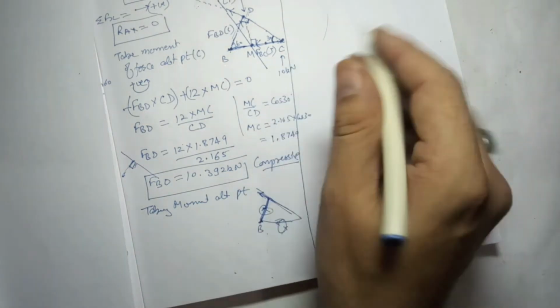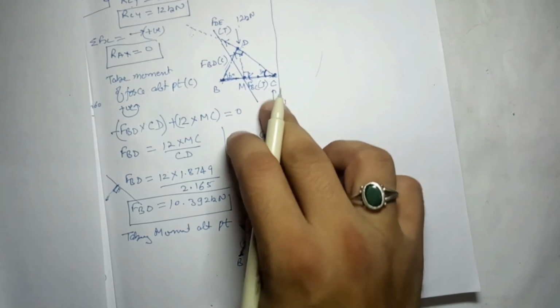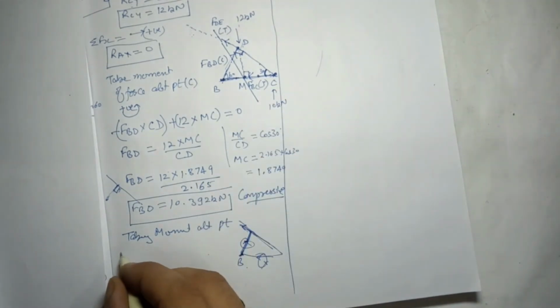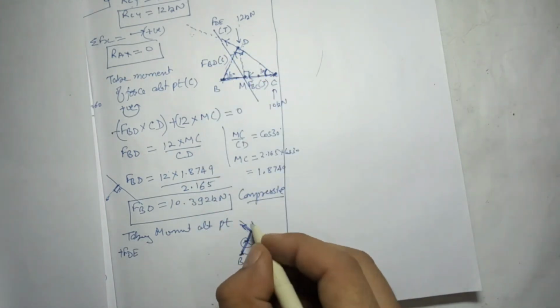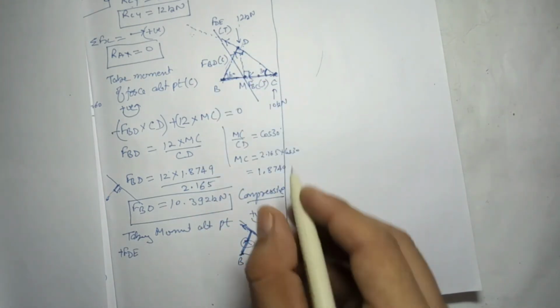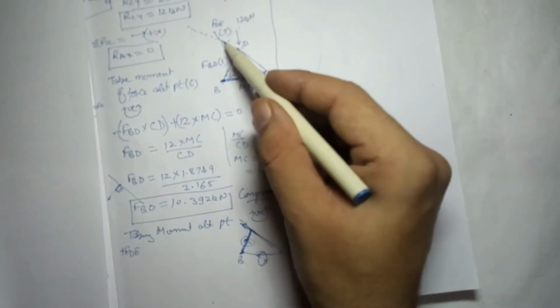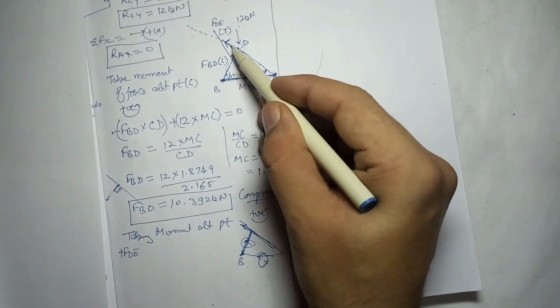So when I write the equation, I am taking the values from here. So I can say plus FDE. Why? Because that is anti-clockwise. Always I am taking anti-clockwise as positive. You can see this is FDE, direction I have taken this side.